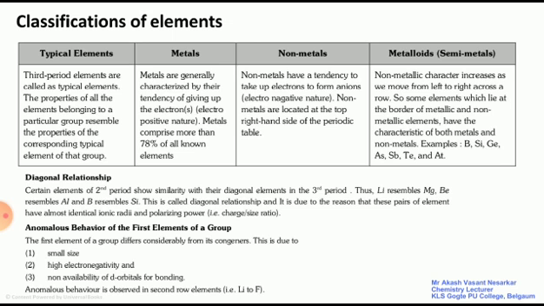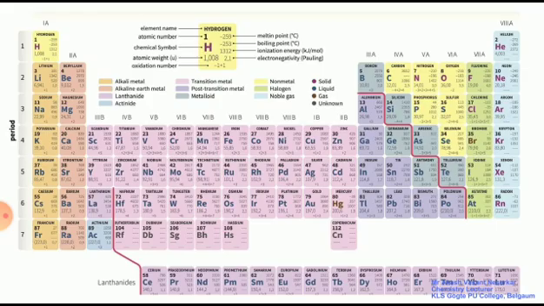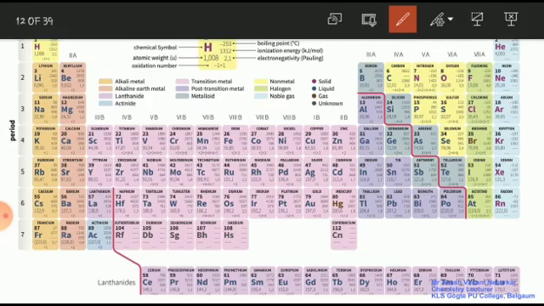This is due to small size, high electronegativity, and non-availability of d orbitals for bonding. So anomalous behavior is observed in second row elements, that is lithium to fluorine.